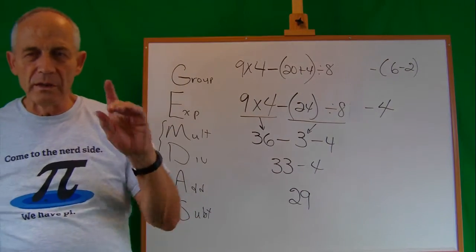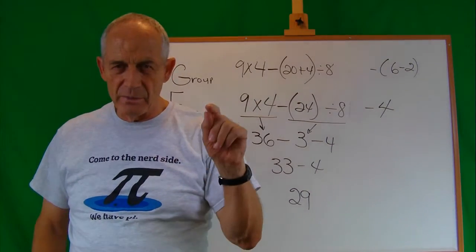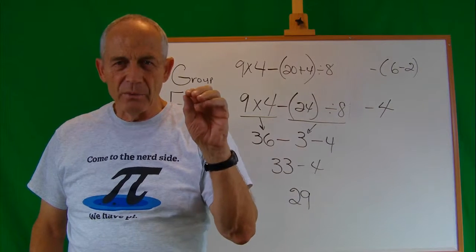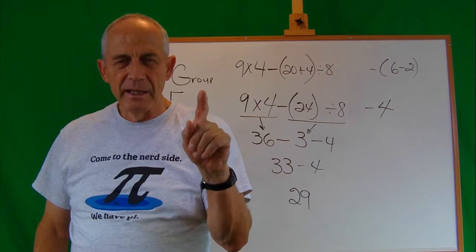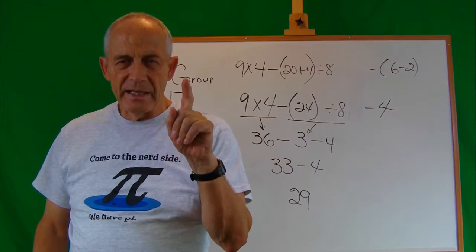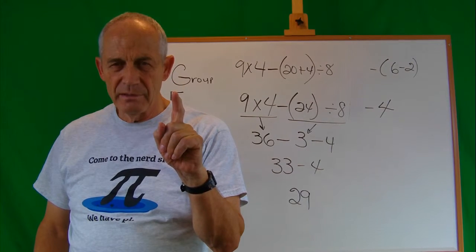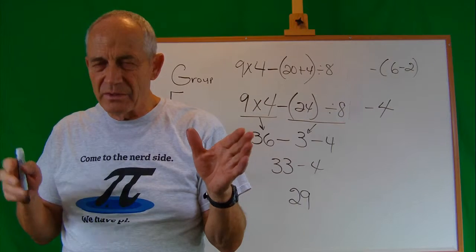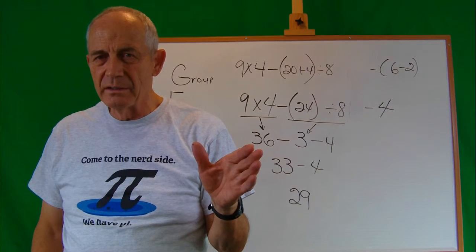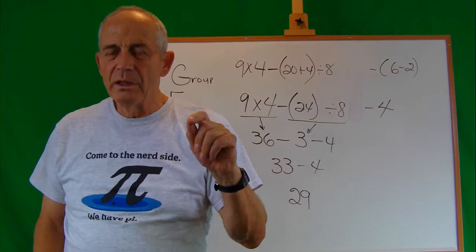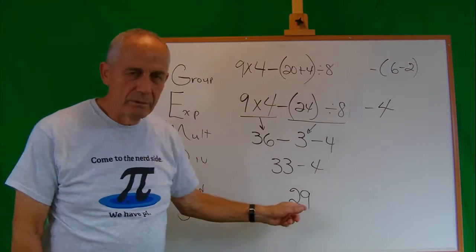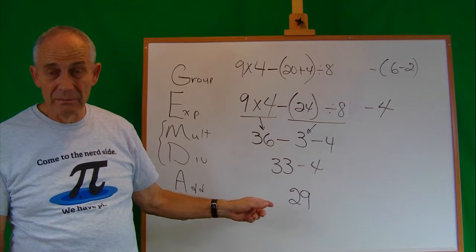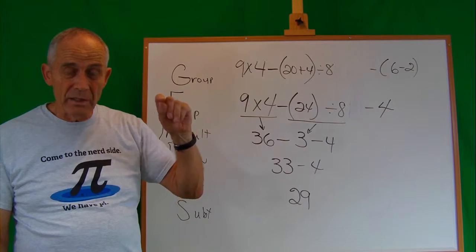What I want you to think about for a minute is what we just did, and I want you to think about the fact that as we did each of those steps individually, there was nothing in any one of those individual steps that was that hard. So, you can do these problems as long as you can stay focused.